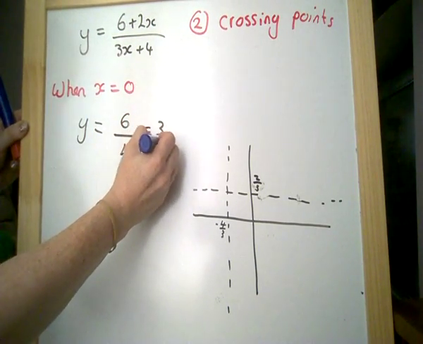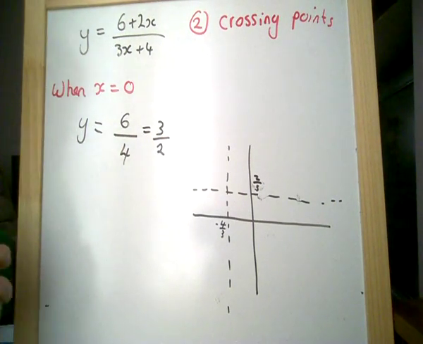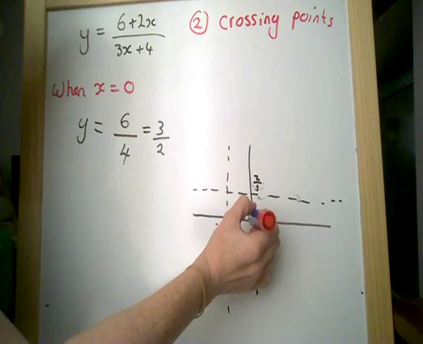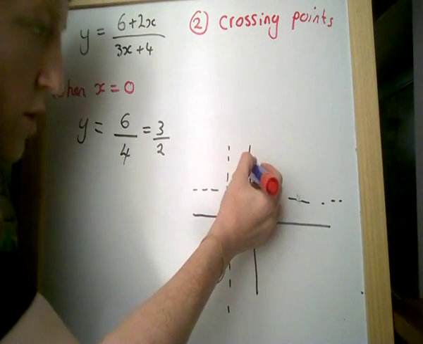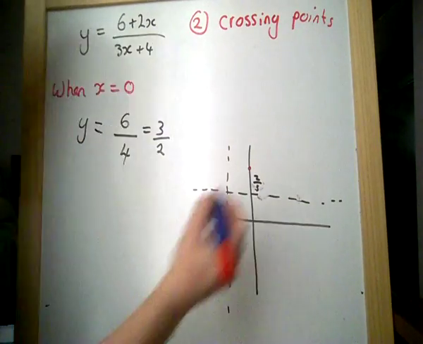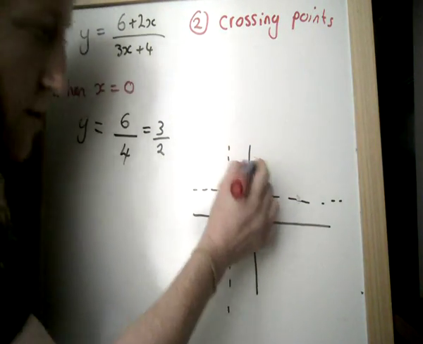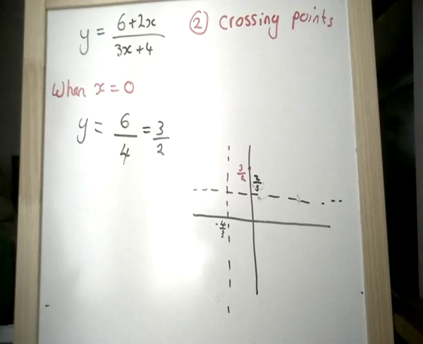We can simplify that down to 3 over 2. So I know that when x is 0, it crosses at 3 over 2. So let's mark that somewhere up there, and label this in red so we can see the difference.